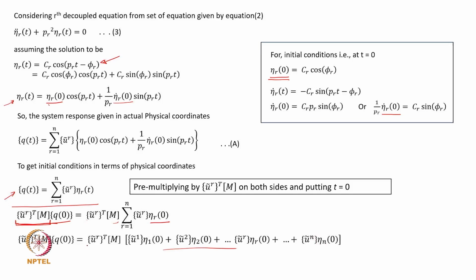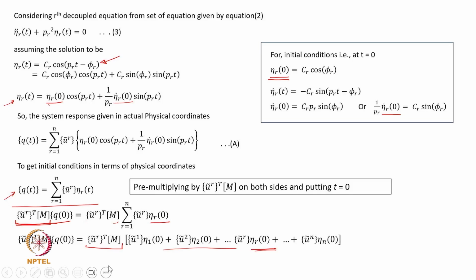Now, when you pre-multiply this entire bracket by this product, only the product with u r tilde in this particular series will give you one value.